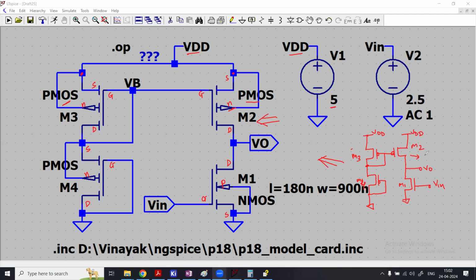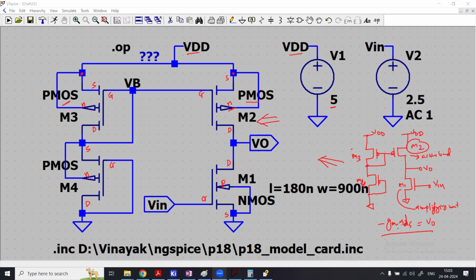So this is an active load of the M1. This is an amplifying unit. It will provide the transconductance gm multiplied by the output resistance offered by M2, that is the RDS, as the output voltage, and it will be inverting in nature because that's an inverting amplifier.